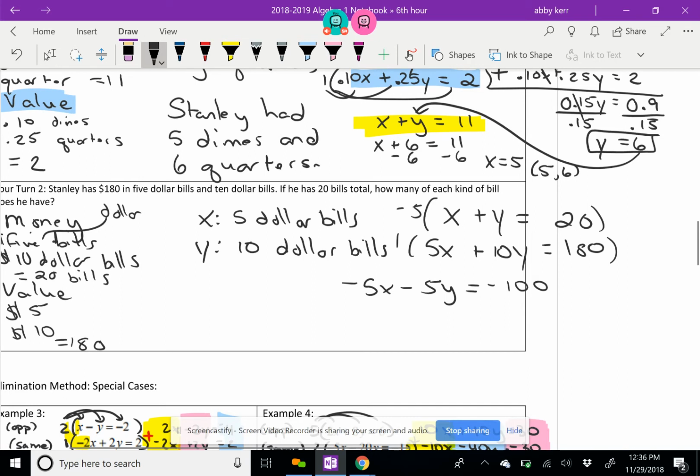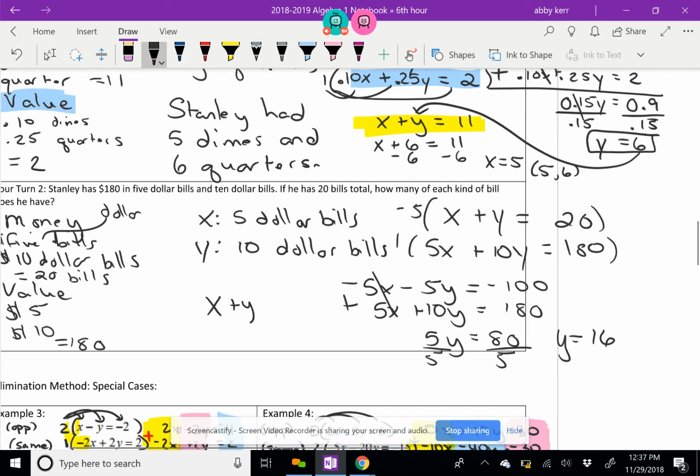The nice thing about multiplying by 1, nothing changes. So those go away. We're left with 5y equals 80. Divide by 5. You're going to get 80 divided by 5, which is 16. So we just found out that he has 16 $10 bills.